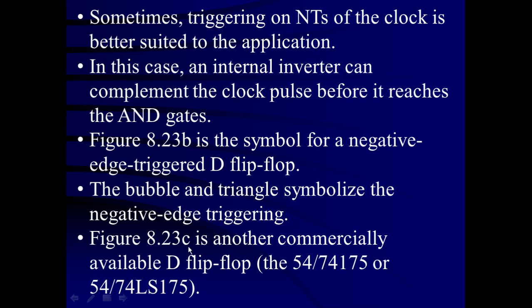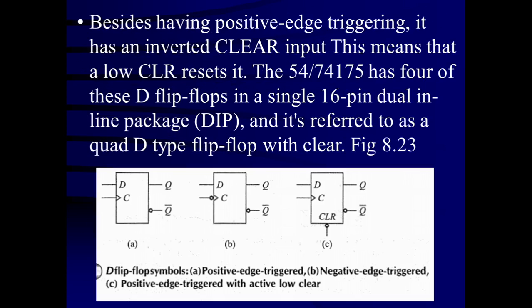Figure 8.23c is another commercially available D type flip-flop, the IC 74175, or IC 74LS175 low power Schottky TTL, which has four D type edge triggered flip-flops. Besides having positive edge triggering, it has an inverted clear input. This means that a low clear resets it.